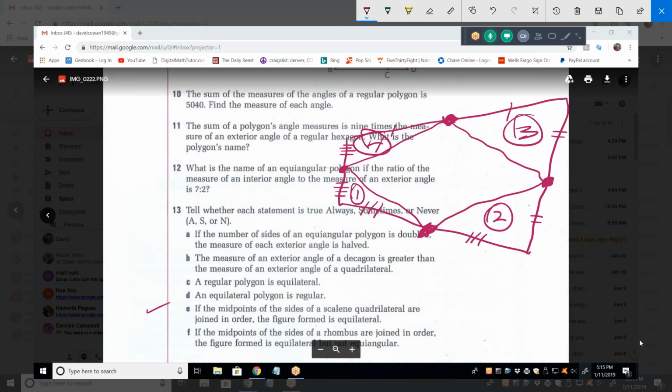Well, how do we know it's equilateral? Well, we don't. That's what they're asking us. The thing is I've drawn 4 different types of scalene quadrilaterals, and one of them seems to produce an equilateral quadrilateral in the middle. Which means that has to be equal to that, equal to that, equal to that.